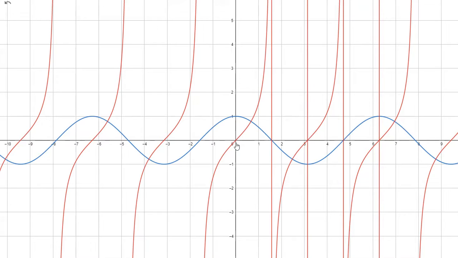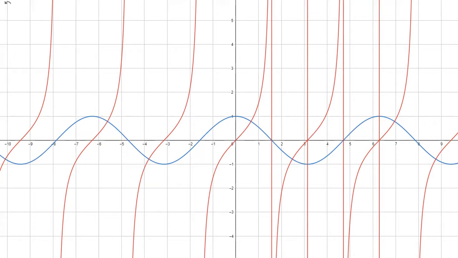So you can see that the period here is actually pi, that whatever its value at 0 is, that's the same as its value at pi and 2 pi and 3 pi. So the period, the amount of time it takes for a graph to repeat itself, for the cosine wave here, takes 2 pi to go through a whole rotation. But for tangent, it only takes 1 pi to do that shape.